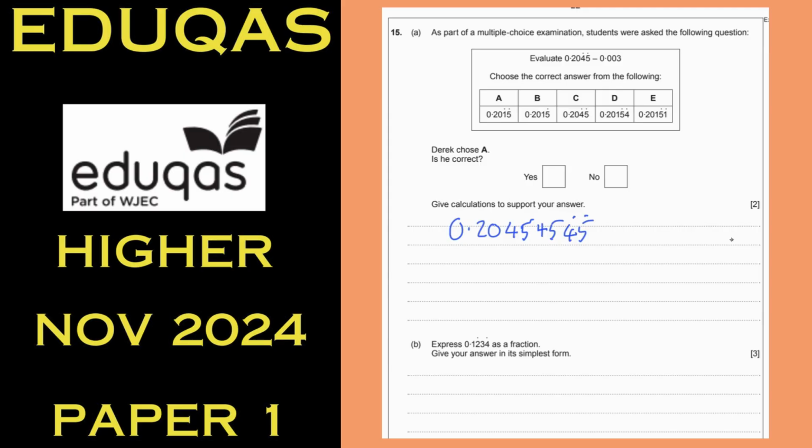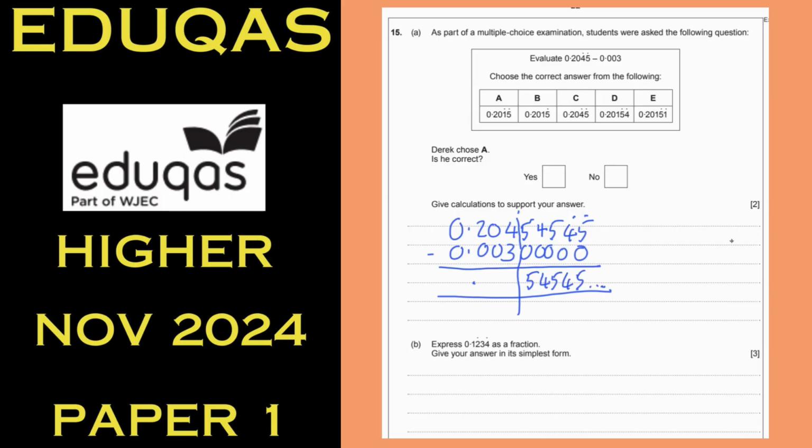Now let's just say that we were going to subtract 0.003, and that would be followed by an infinite number of zeros. Nothing wrong with this way of thinking. And then all of them are going to be 5454.